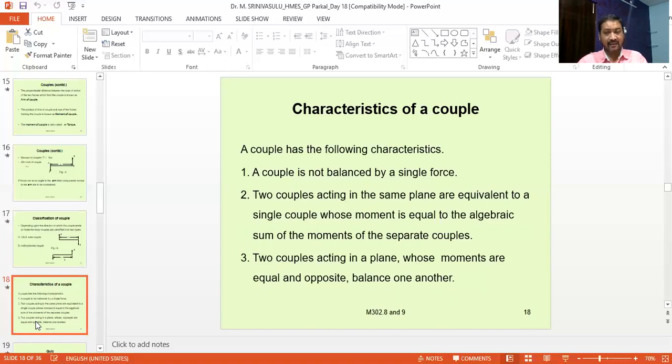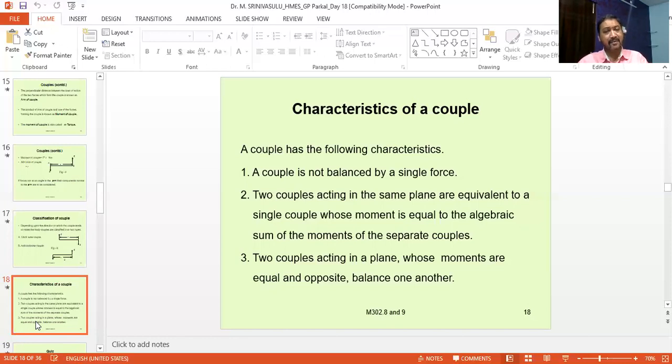Then only the clockwise couple is balanced by the anti-clockwise couple of equal magnitude, and the body is brought back to the equilibrium condition. So a couple should always be balanced by an equal and opposite couple.